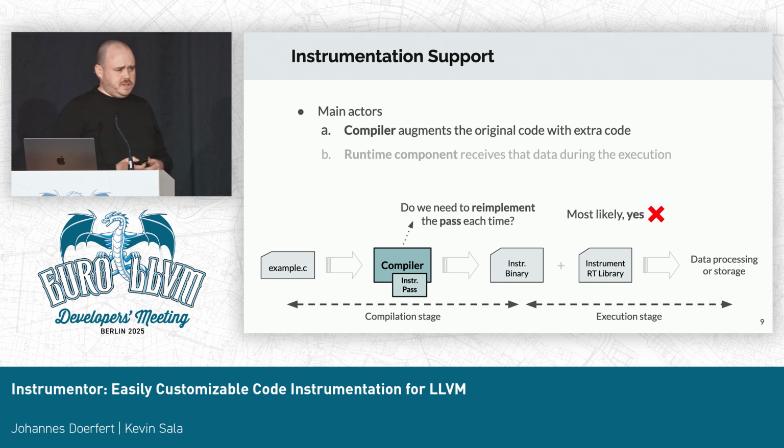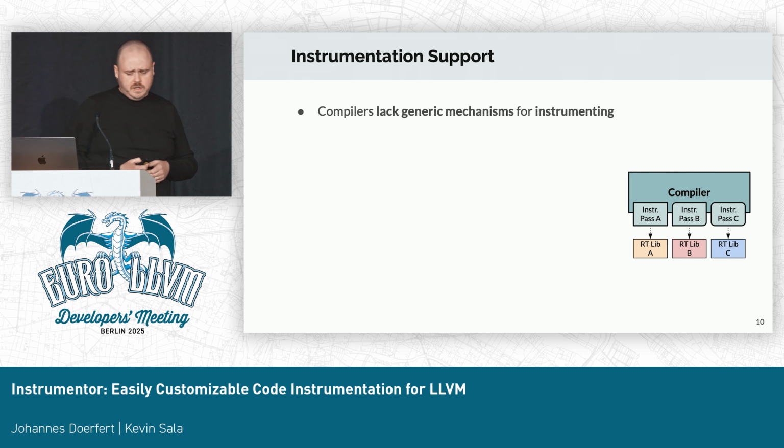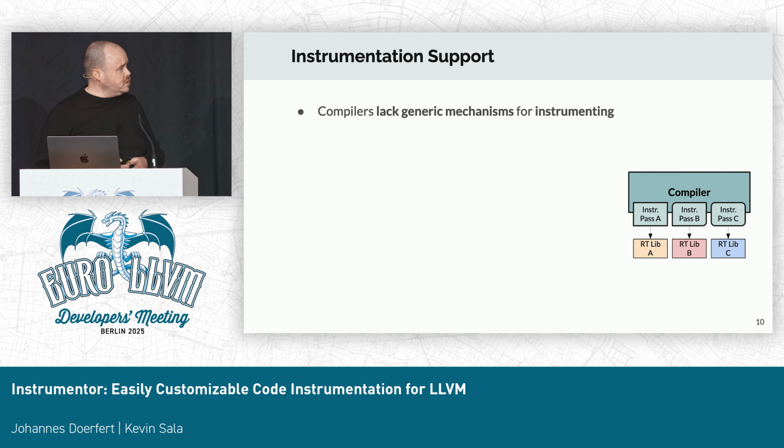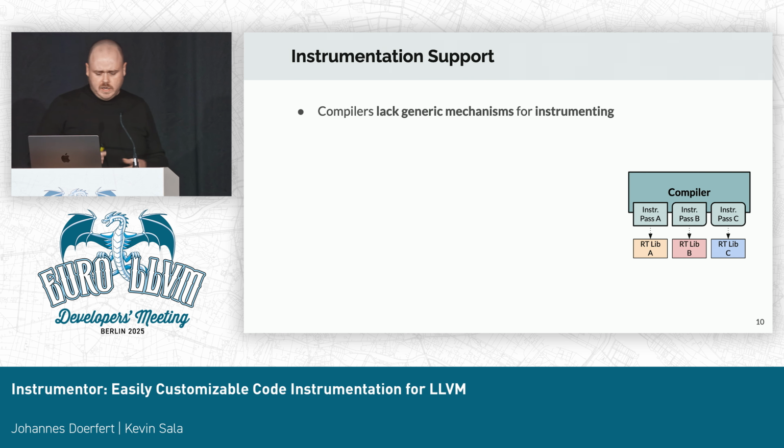The answer is most likely yes. And that's because compilers lack a generic mechanism for instrumenting the code. I mean, we can manually insert some instrumentation calls in the LLVM passes, but that's a low-level mechanism, and we would like to have something more generic and higher level.